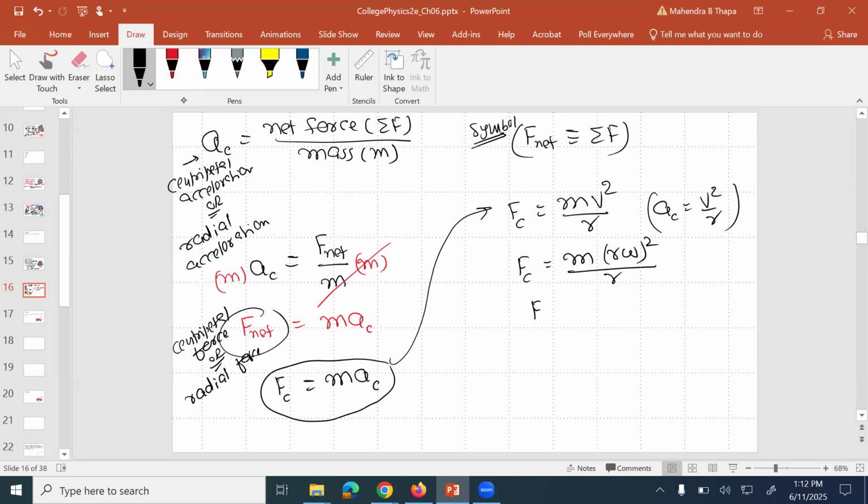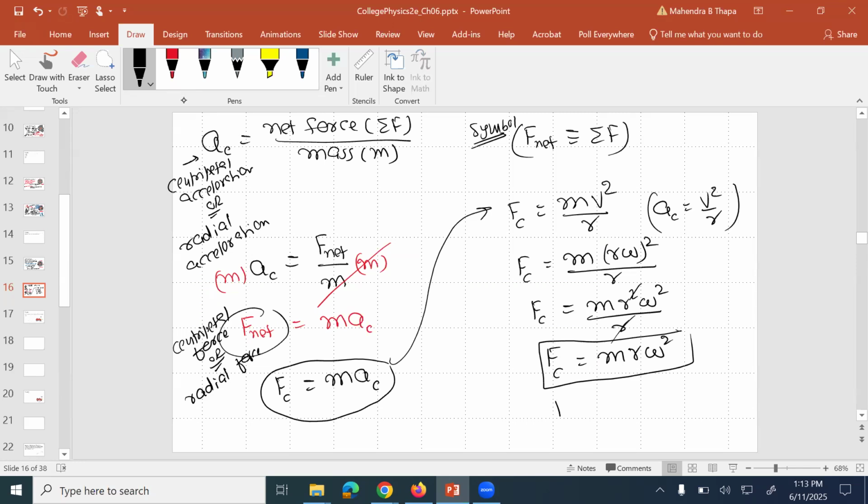So I can write Fc equals m r squared omega squared over r. That gives me Fc equals m r omega squared, after r squared cancels. This is just a simplification of the main equation, Fc equals m AC.